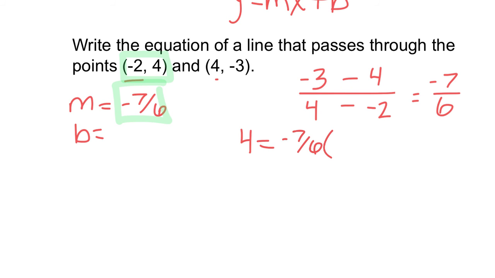Where x is, I'm going to put the x value from my coordinate, negative 2. And I'm going to leave plus b in the equation because I need to find b. That's what I'm looking for. So I've created an equation now with a variable, and I can just solve for that variable. So I'm multiplying negative 7 over 6 times negative 2. And that's going to give me 14 over 6, which will be 7 over 3.